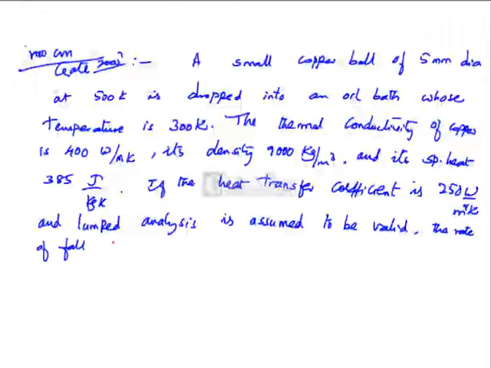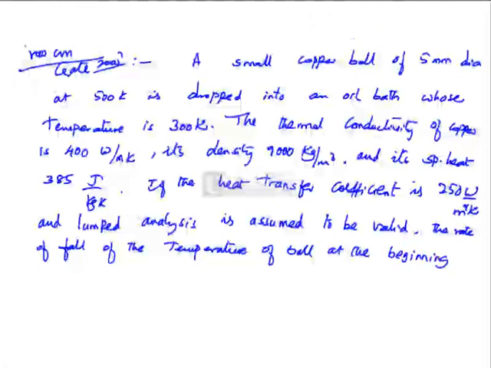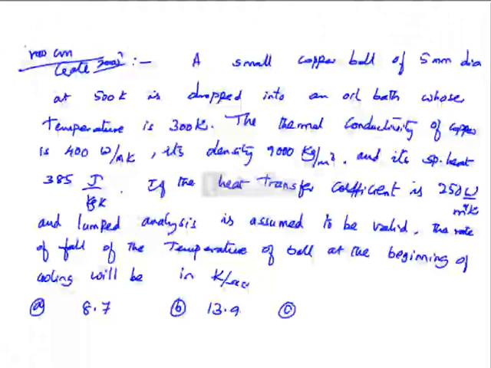the rate of fall of the temperature of the ball at the beginning of cooling will be in Kelvin per second: A 8.7, B 13.9, C 17.3, D 27.7.